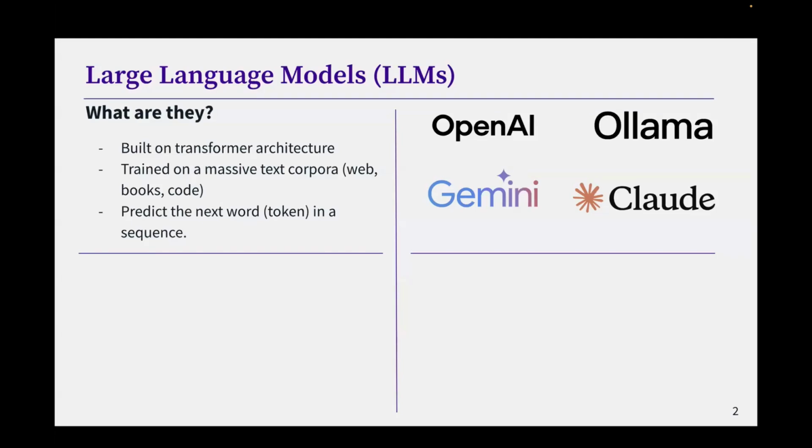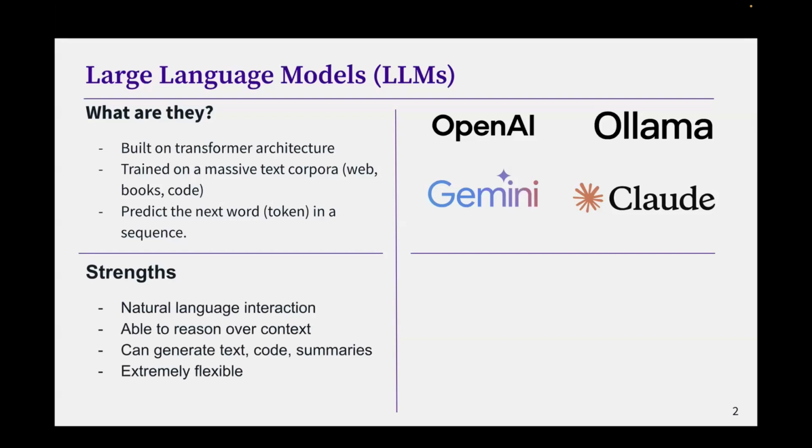So that's things from the internet, books, code, pretty much anything with words that they can get their hands on. And their job is to simply predict the next word, or in this case token, because they're not one-to-one, in a sequence. So you'll have some words, the sky is, and then it should predict blue, right?